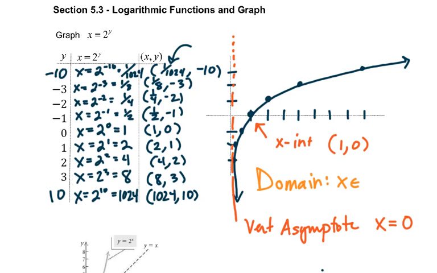My x values go from 0 to positive infinity. And notice I use a parenthesis on 0 and not a bracket because we can't touch x equals 0. It's going to get really, really close, but it's never going to touch it. It's always going to be 1 divided by some value. All right, so we have a new domain restriction here.